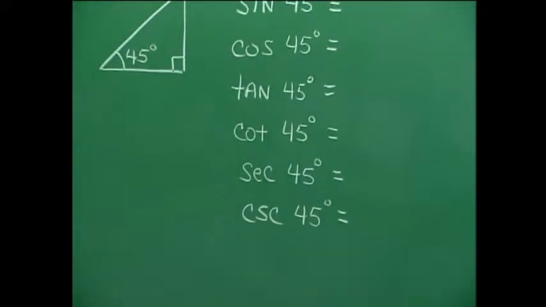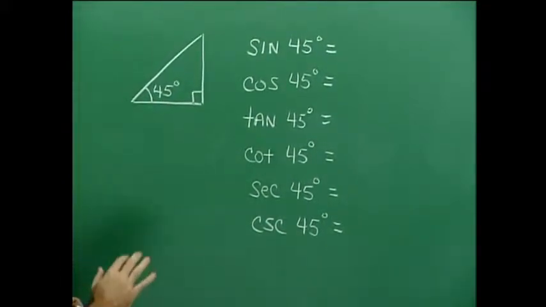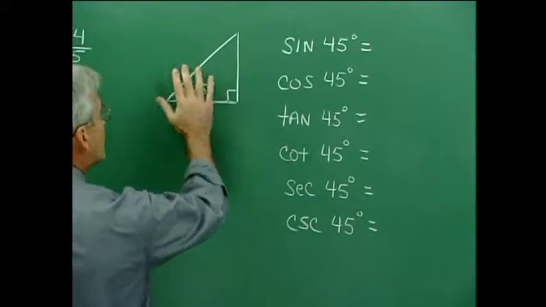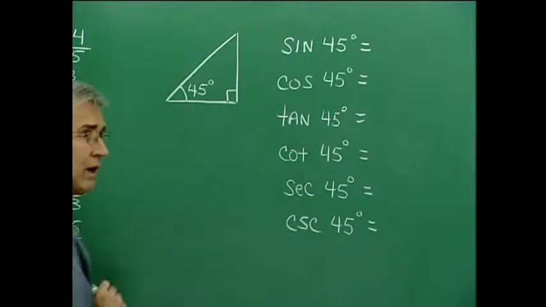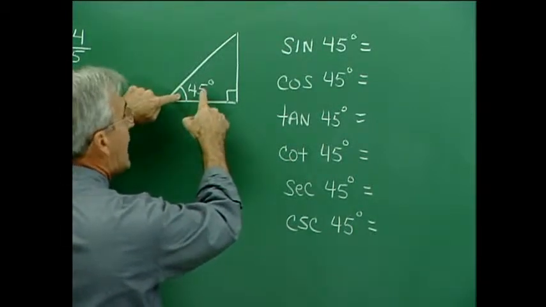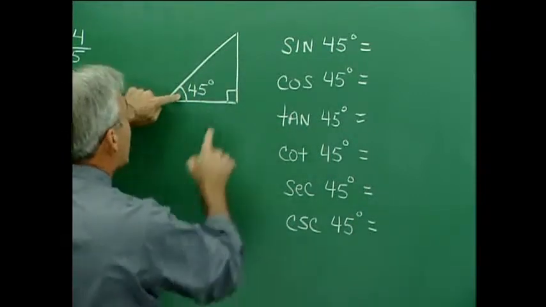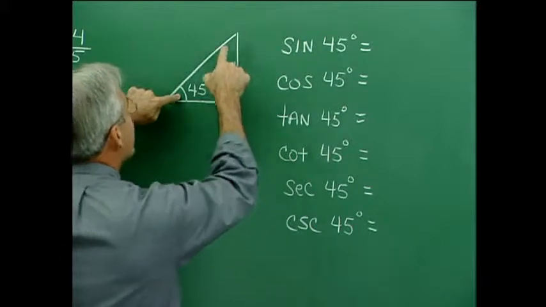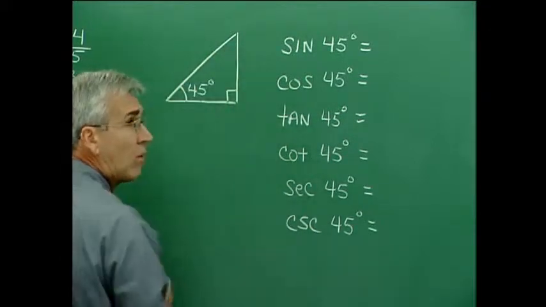We're going to talk about the various trig ratios on a 45-degree angle to begin with. Now, I have the lengths of sides unlabeled, but here's what we understand about this triangle. Just knowing that this is an angle of 45 degrees, and knowing that the sum of the angles in the triangle is 180 degrees, and that's 90 degrees, then these two total 90, and therefore that one has to be 45.